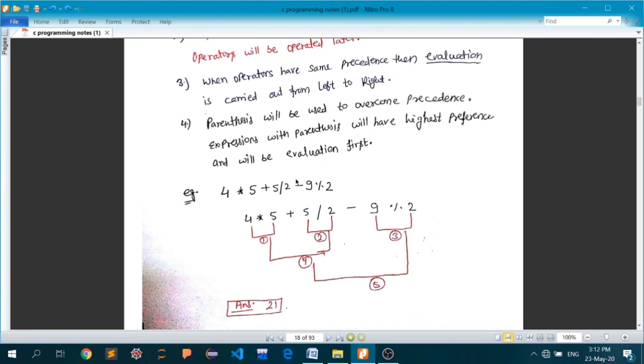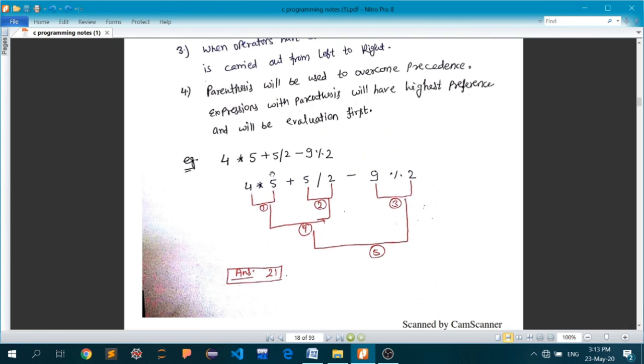But if you put a parenthesis around, let's say, 5 plus 5, then according to the order of precedence, this parenthesis has to be solved first, and then from left to right, 4 must be multiplied by the 10, and after that it must be divided by 2. So the whole meaning of that will change. So you can always use those parentheses. Let's see an example.